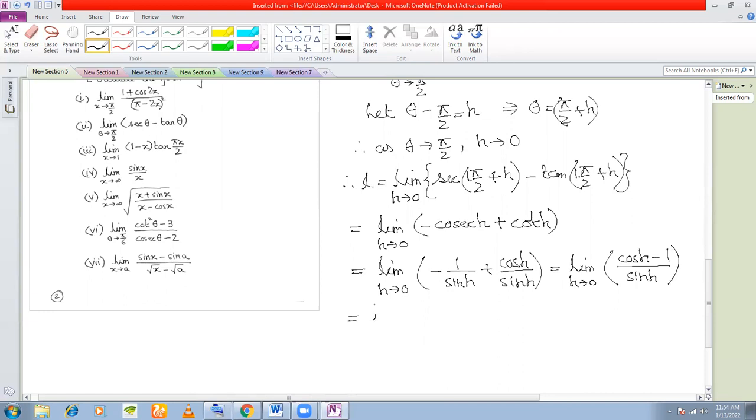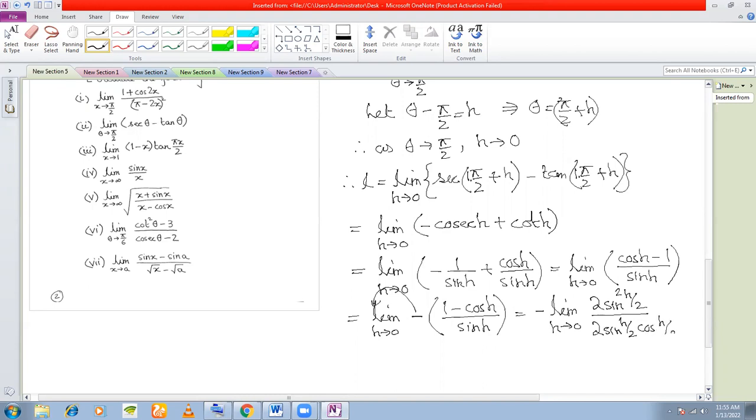In the next step, you can take the minus out to write 1 minus cos h divided by sine h, and this negative sign can also be taken out of the limit. So I can write this as minus limit h tends to 0. Now 1 minus cos h, from the multiple angle formula, is 2 sine square h by 2, divided by sine h, which from the multiple angle formula is 2 sine h by 2 cos h by 2.